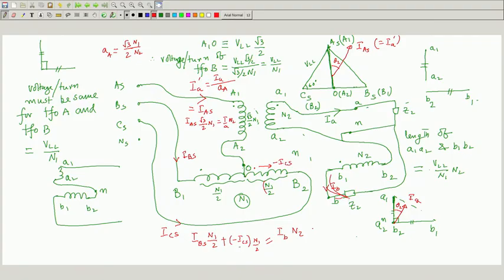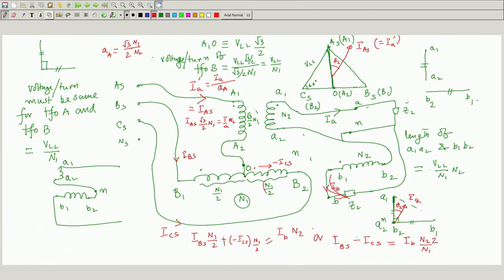So this plus minus I_CS into N1 by 2 must be equal to I_B into N2, or I_BS minus I_CS is equal to I_B into N2 by N1 into 2.